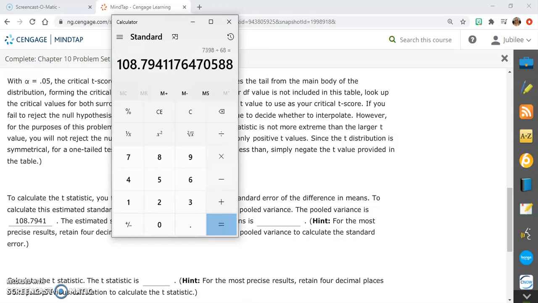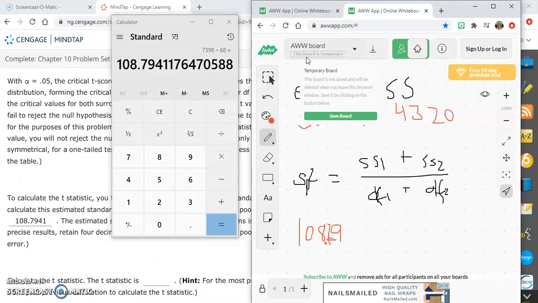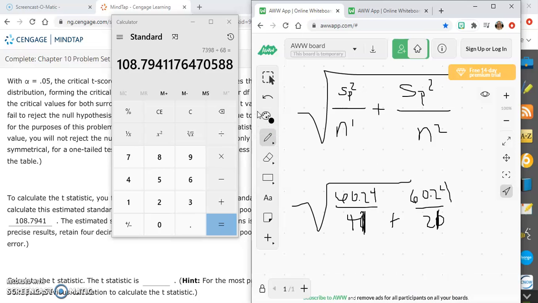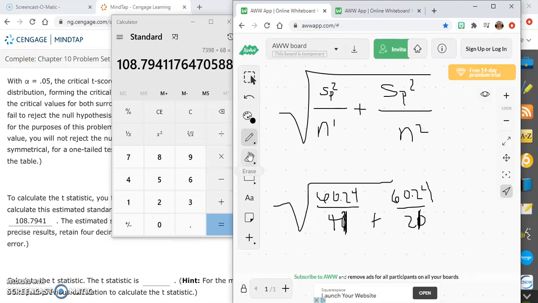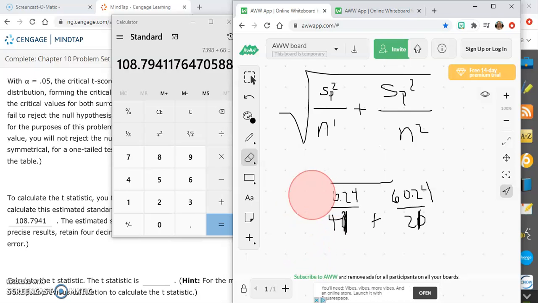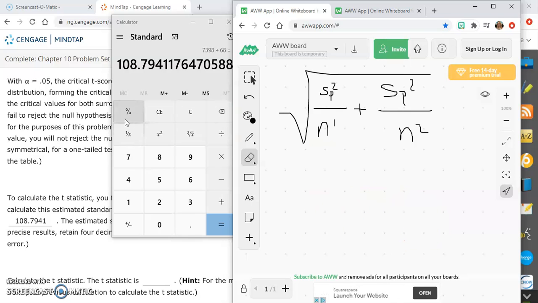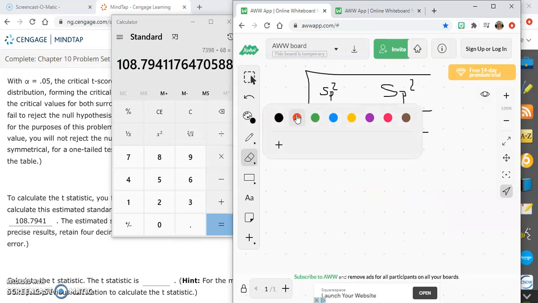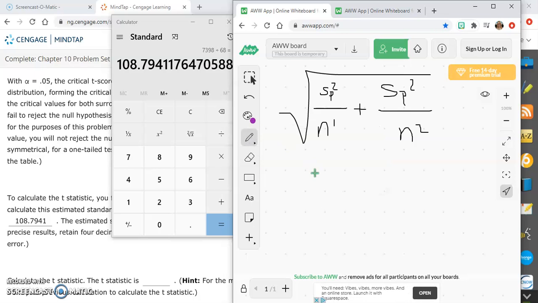Okay, now I can calculate my standard error. So I'm going to go back to this whiteboard. So the standard error is the square root of the pooled variance divided by each n. So my pooled variance in both cases is 108.7941.